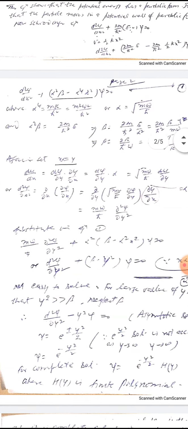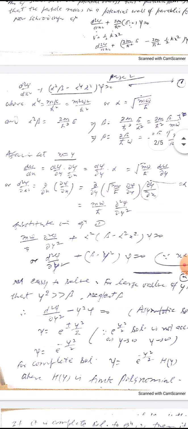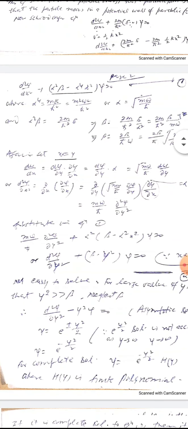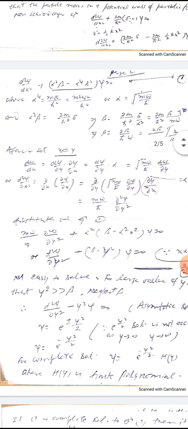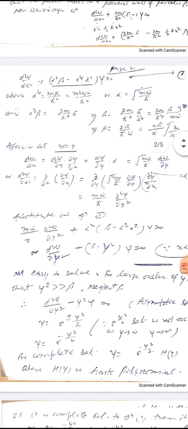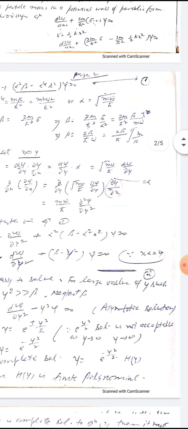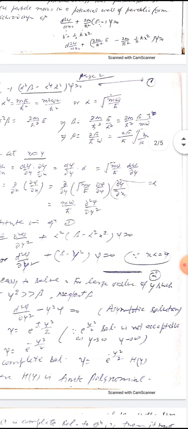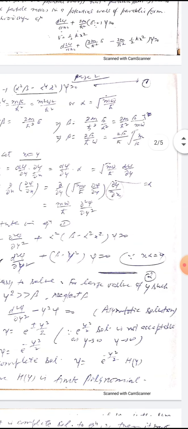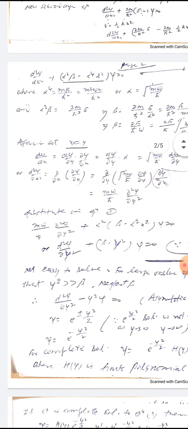Therefore, alpha equals square root of m omega by h cross. And again, alpha square beta equals 2m by h cross square E. Therefore, beta equals 2E by h cross square root of m by k. Please keep in mind, beta is related with the energy term.